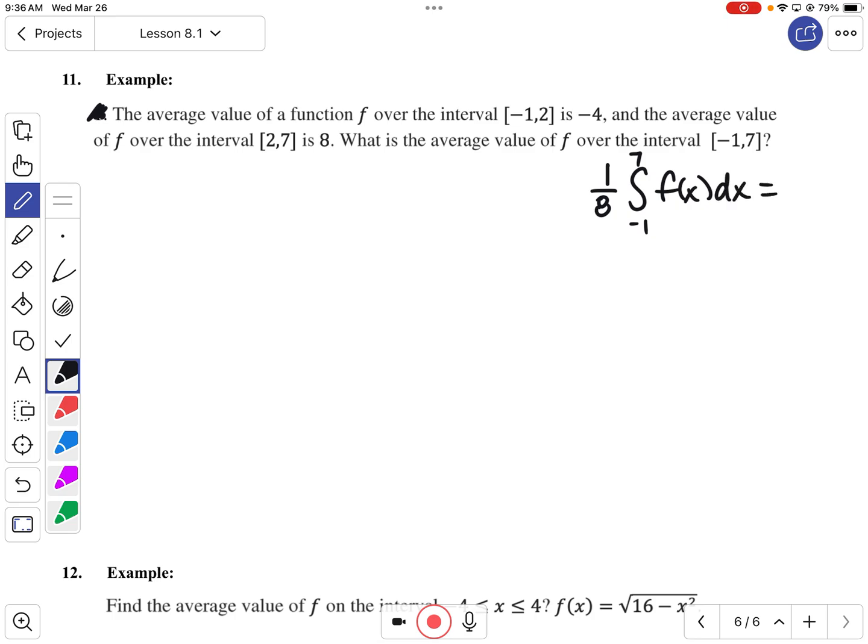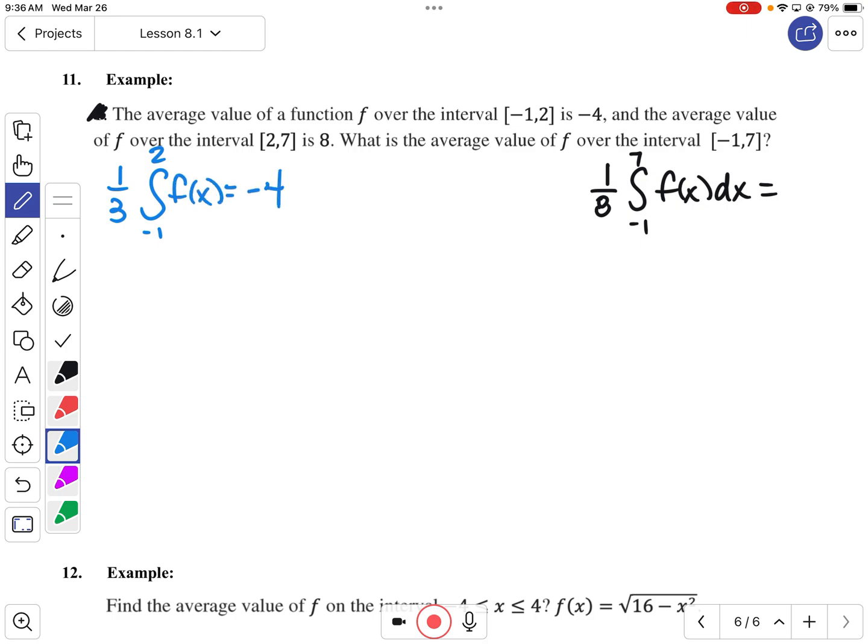Okay, now how do we get there? Well, let's talk about what we know. We know that the average value from -1 to 2 is -4. Okay, so from -1 to 2, what would be the coefficient in front of that one? 1/3. Right, of f of x is equal to -4.